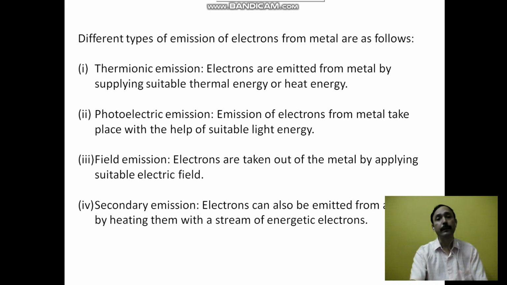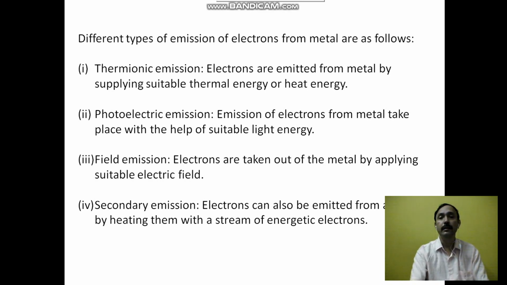Different types of emission of electrons from metal are as follows. Number 1, thermionic emission. Here, electrons are emitted from metal by supplying suitable thermal energy or heat energy.